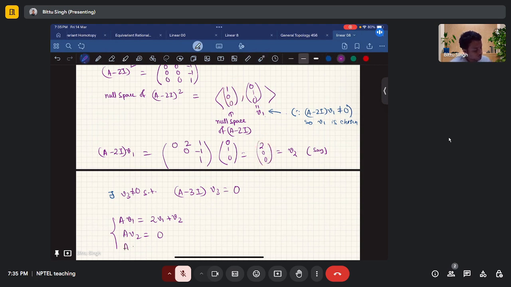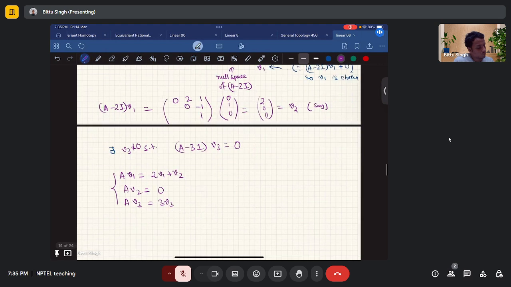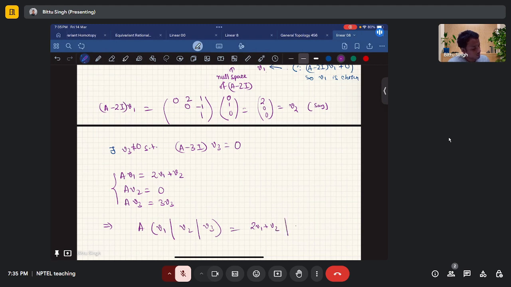And A times v3 is 3 v3. So if we put all that data together, we obtain A times the block [v1, v2], and another third column, let us create another block v3. This is the same as 2 v1 plus v2, then the second column, then the third column.